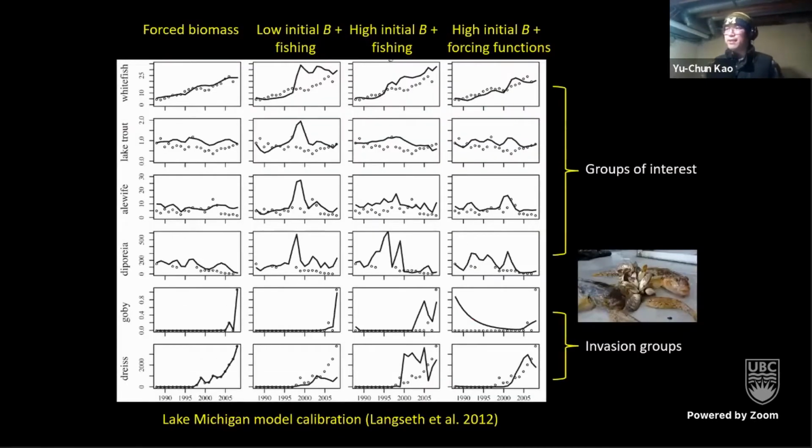So graphically, this is how it works. Forced biomass. So these two are invasion groups, dreissenid mussels and round goby. So just force the biomass over time, and you can see it actually fits.